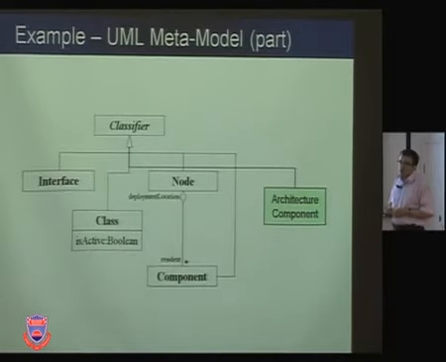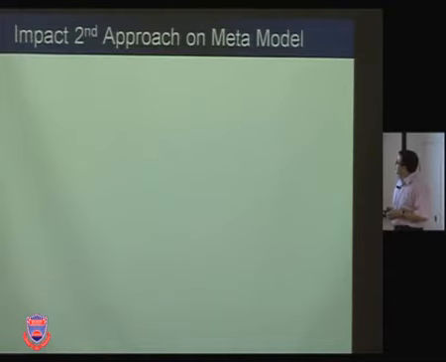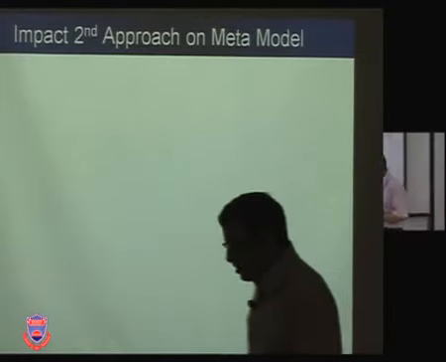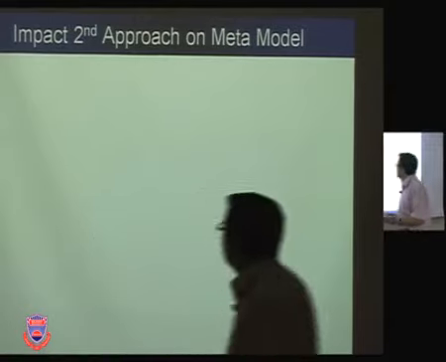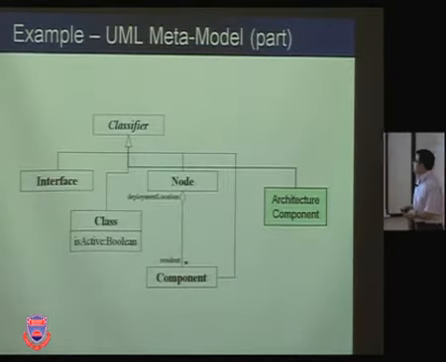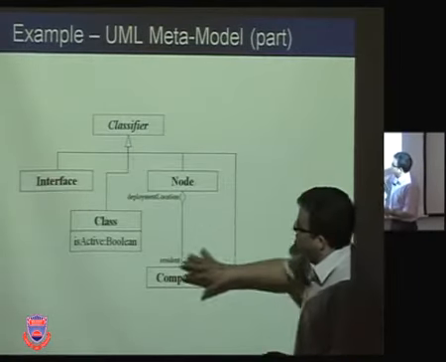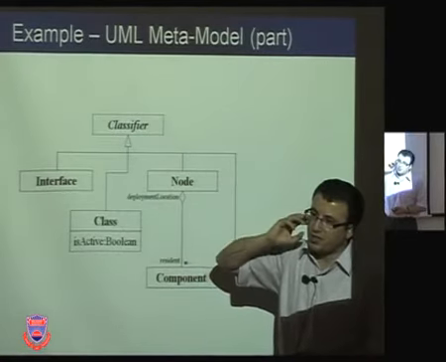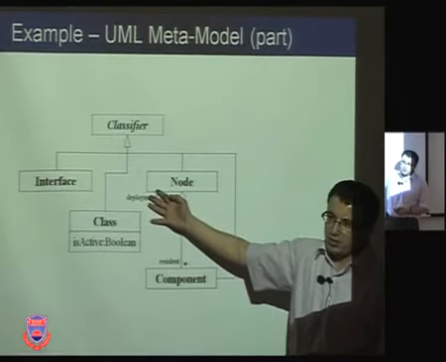This has actually, of course, a huge impact. You will see that. But let's look at the impact on the second approach on the meta model. In the second approach we use stereotypes. Does it have an impact on this?